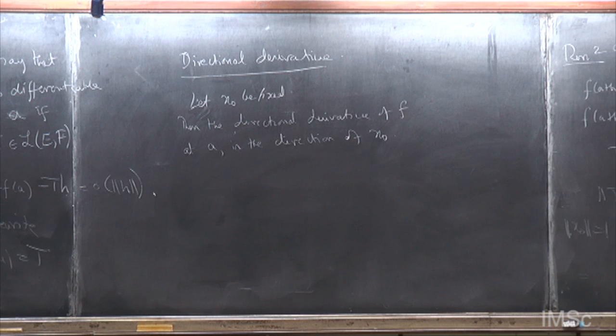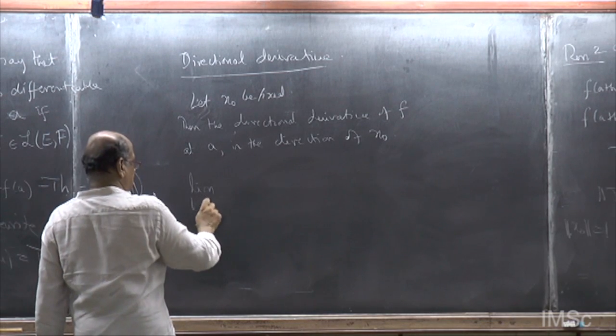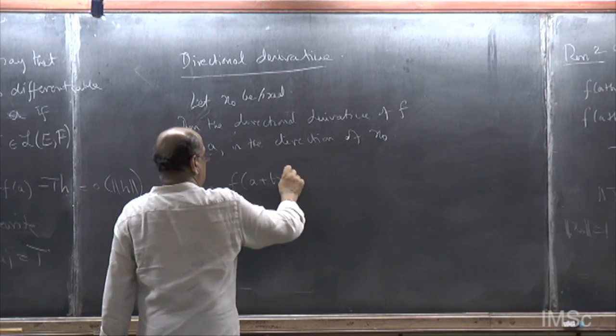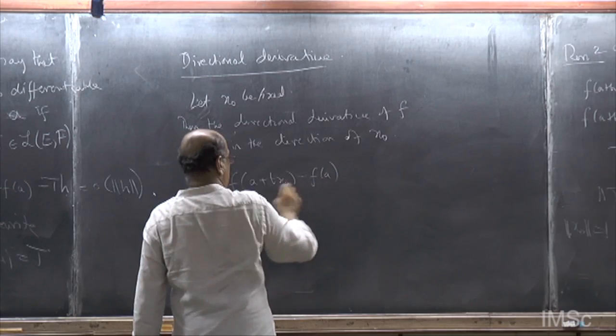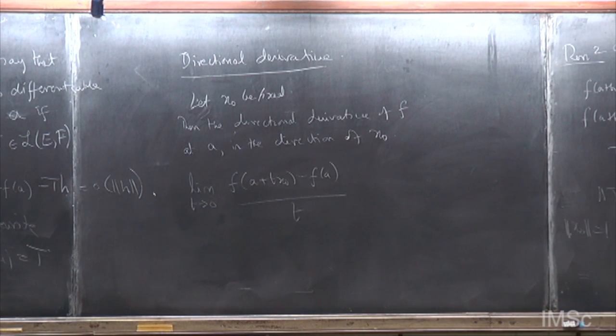When you talk of directional derivative, there is a function, there is a point at which you are taking this derivative, and there is a direction in which you are taking that derivative. This is nothing but the limit as t goes to 0 of f of A plus t x naught minus f of A, divided by t, like in one dimension, because you are worrying only in one direction.